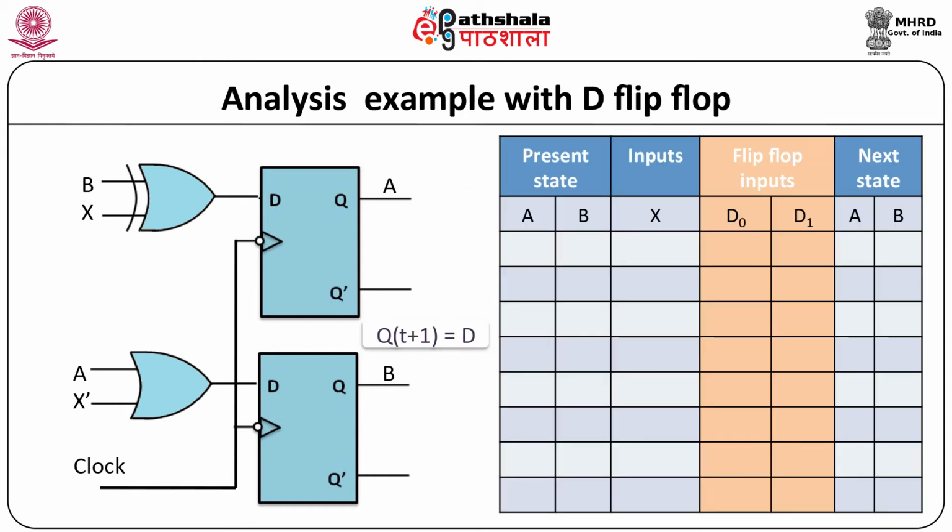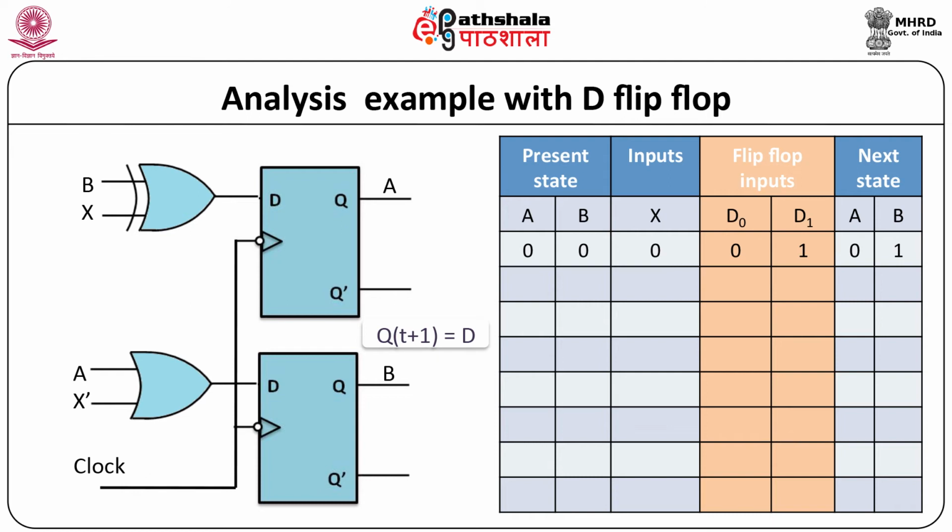Let us modify the previous table to incorporate the next state columns. There is no explicit output, hence the output column is missing. Let us start with the present state AB equal to 0 0 and input x equal to 0.